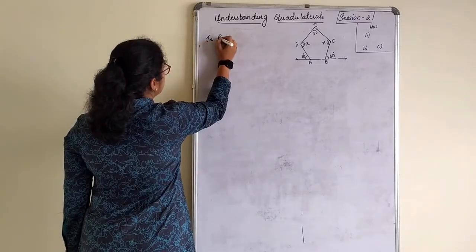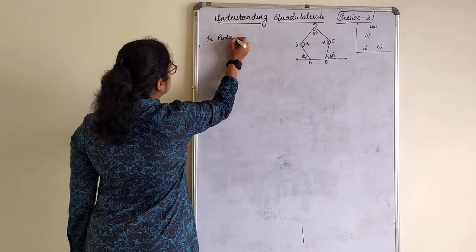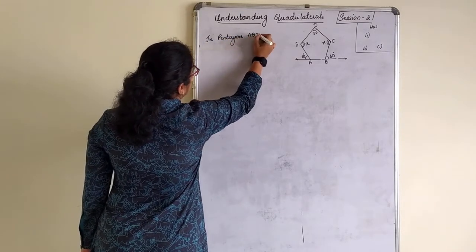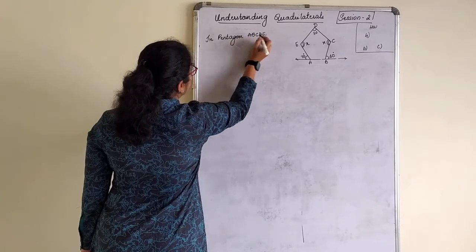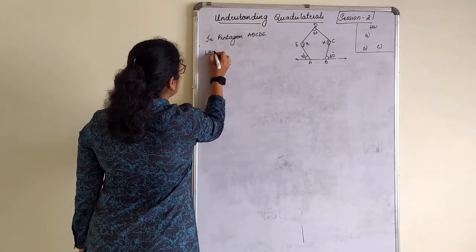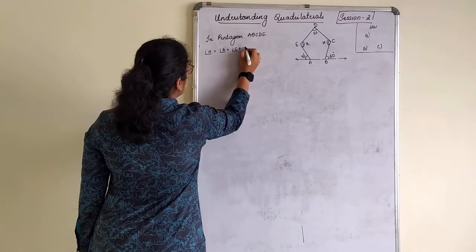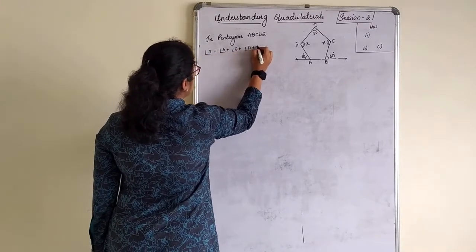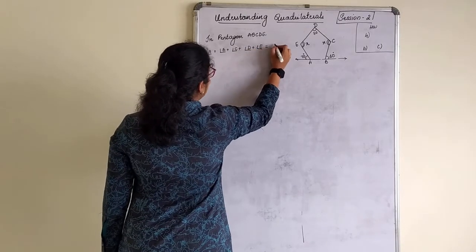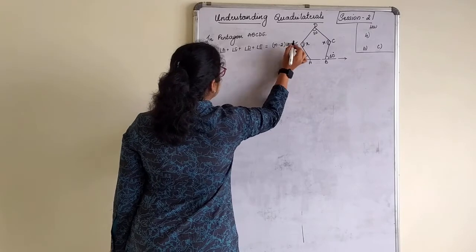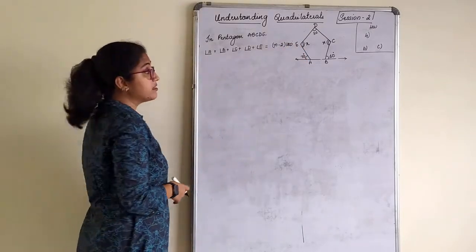Let us do this sum in another way. You should know even that method; it can be proved. In pentagon ABCDE, angle A plus angle B plus angle C plus angle D plus angle E is equal to (n minus 2) into 180. That is nothing but the angle sum property.